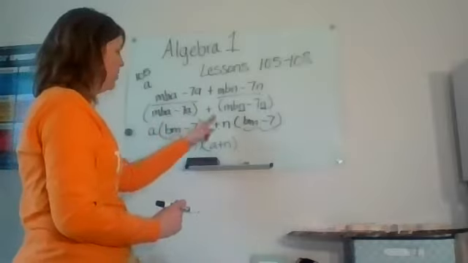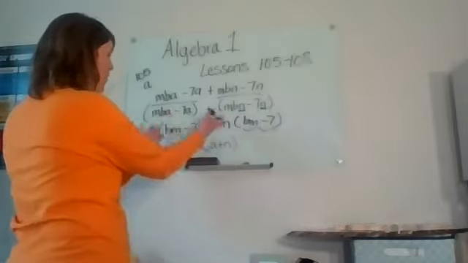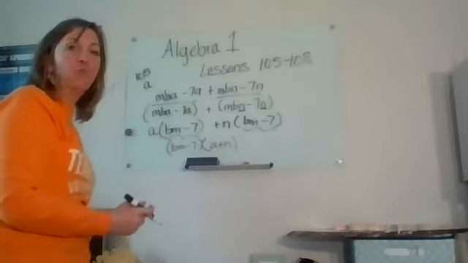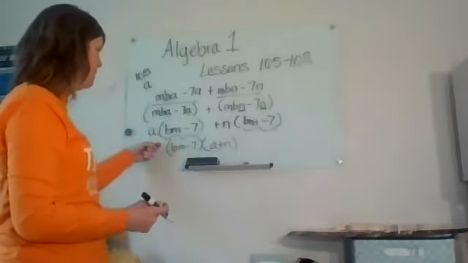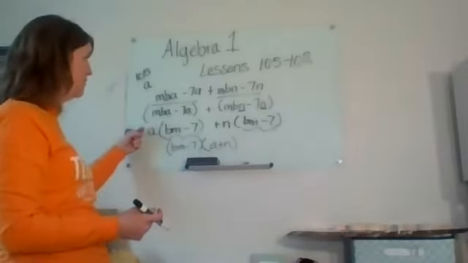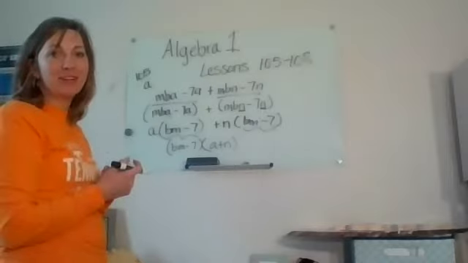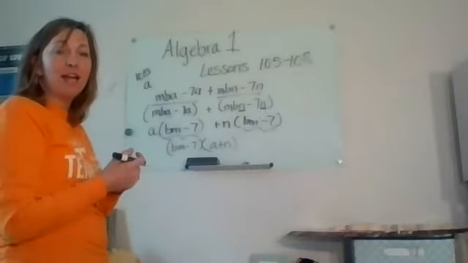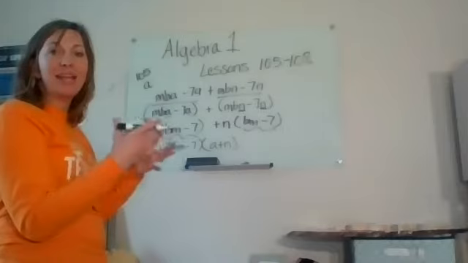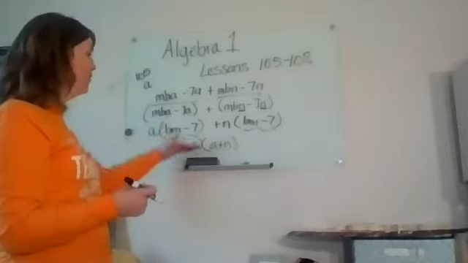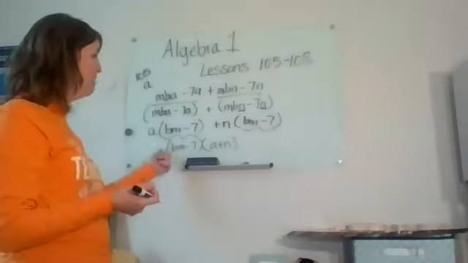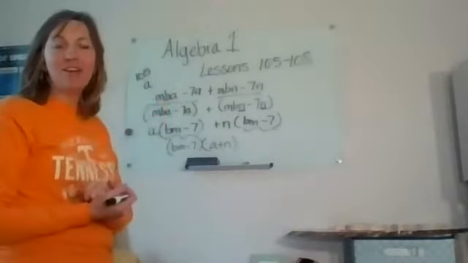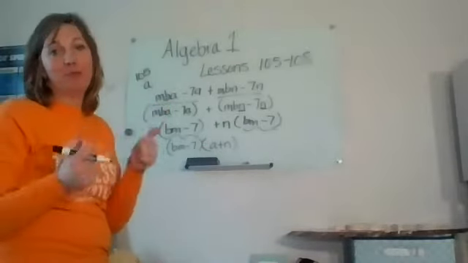A is being distributed to both, N is being distributed to both, so I can put A and N together in their own bracket. This statement is the same as this statement, and it goes all the way back to the first. So we've solved it, and all we had to do was separate it out, make it easier to work with, and now we've grouped it, and I factored it. I'm finished. Who would have thought starting out that factoring by grouping would be so easy?